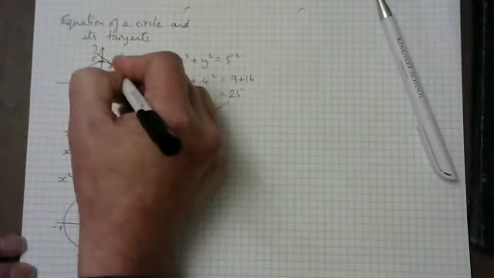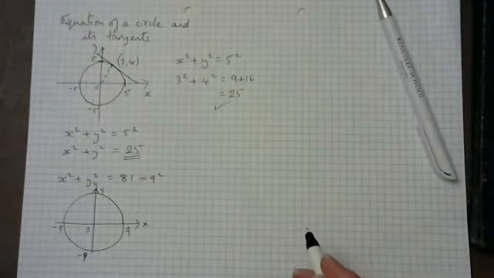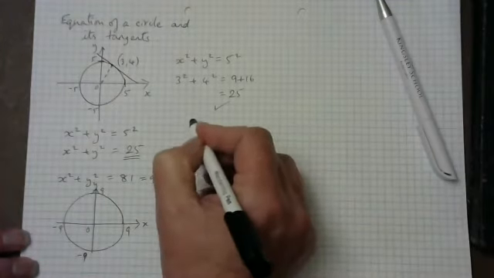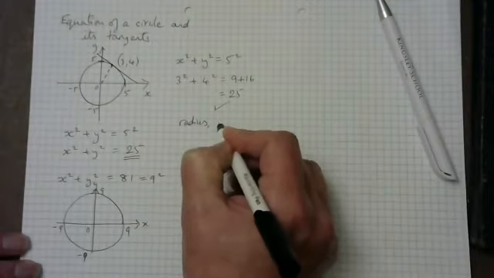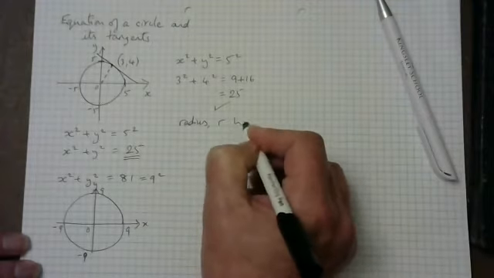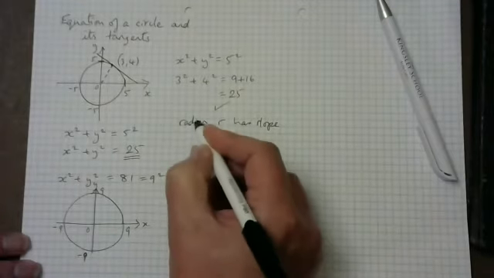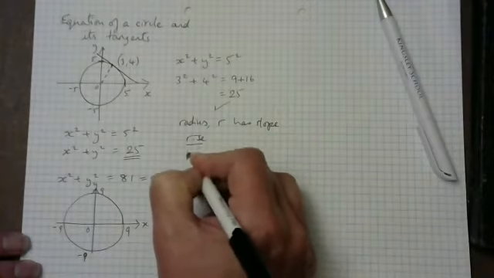Once you've worked that slope out, we can then work out the slope of the tangent. Let's work out that slope. So the slope of the line, radius r, goes rise over run, my apologies.